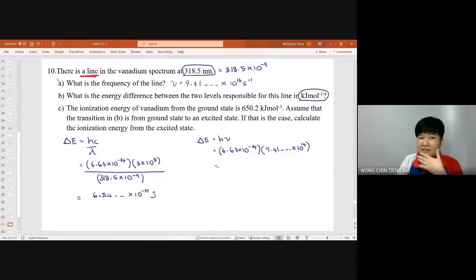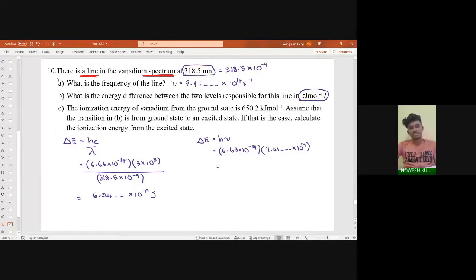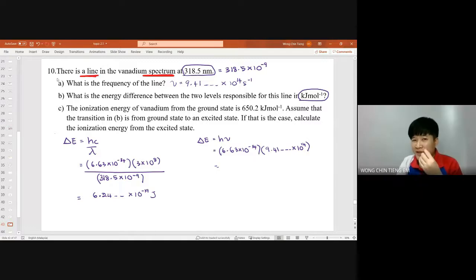A line in the spectrum. What kind of transition? Negative. Thank you. What kind of transition will produce a line in a spectrum is when the electron is going up or going down?